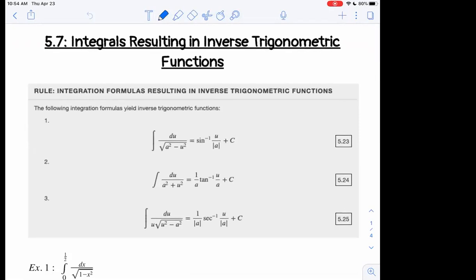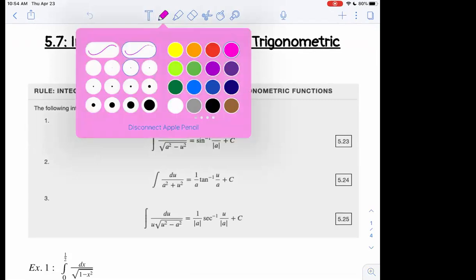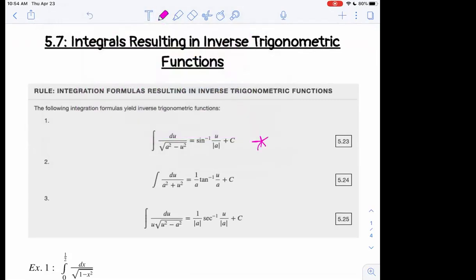So we're looking at ones where at the end, we get some sort of inverse trig function. And I tried to pick the ones that were like the most common, but I will tell you from my experience teaching 151 that this one comes up a lot, the inverse sine one.